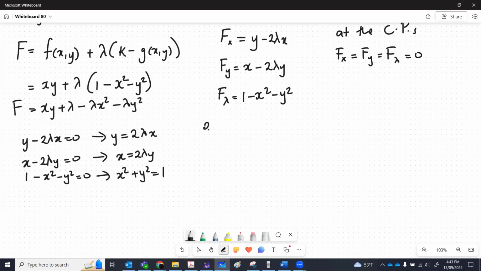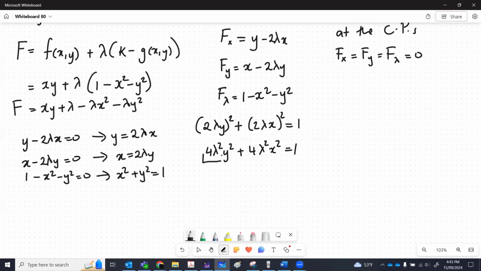This x squared is 2 lambda y. So basically what I'm doing is substituting. Then I have plus 2 lambda x, this is squared, and this is equal to 1. So if I expand my brackets, I have 4 lambda squared y squared plus 4 lambda squared x squared. This is equal to 1.